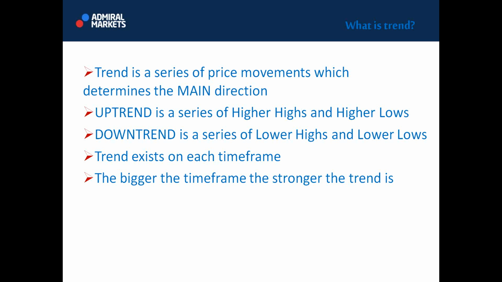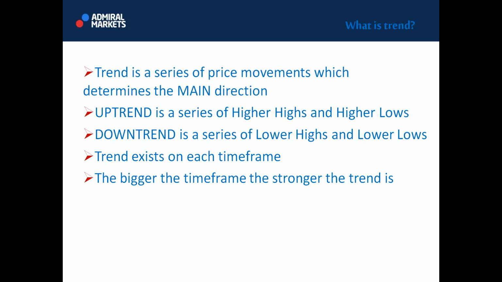It's a ranging market. An uptrend is a series of higher highs and higher lows. A downtrend is a series of lower highs and lower lows. I remind you, this is the most important thing in how to define a trend. Trend exists on each time frame.